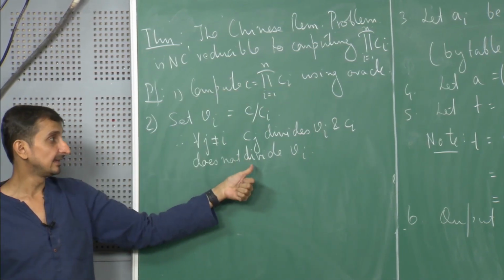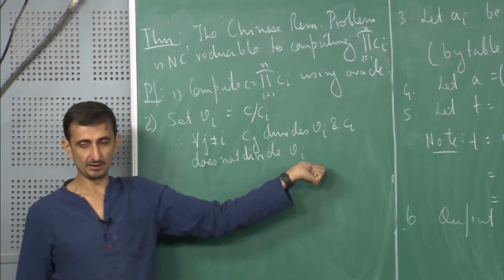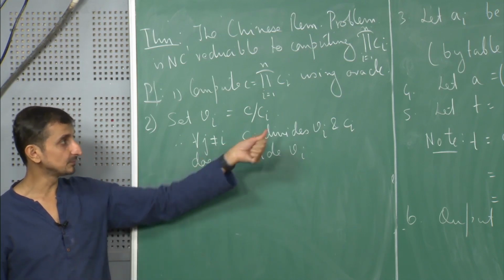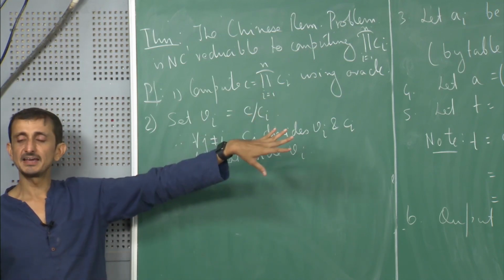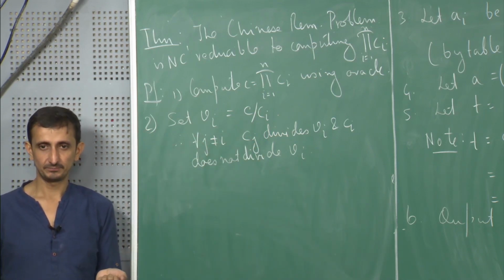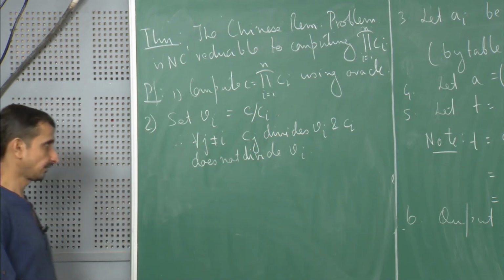But why can I say that Ci does not divide Vi now? Because by our initial assumption all the Ci's are co-prime. So none of the other Cj's has Ci as a factor.